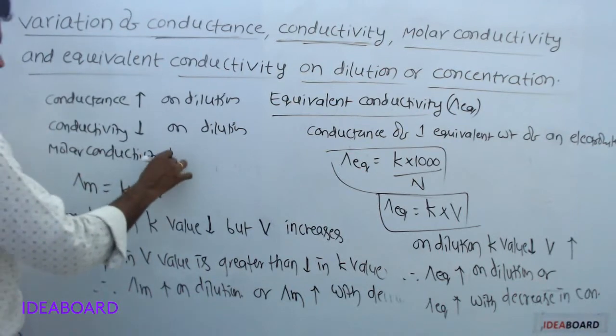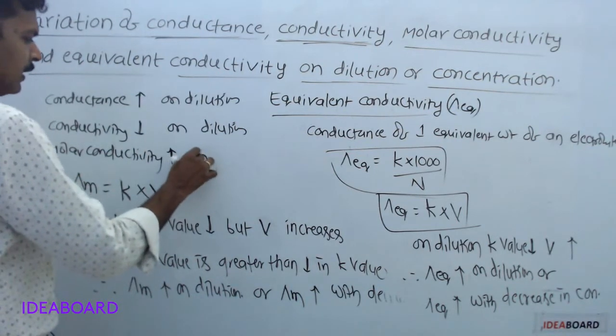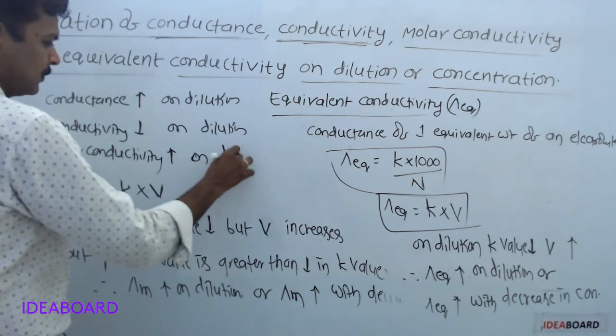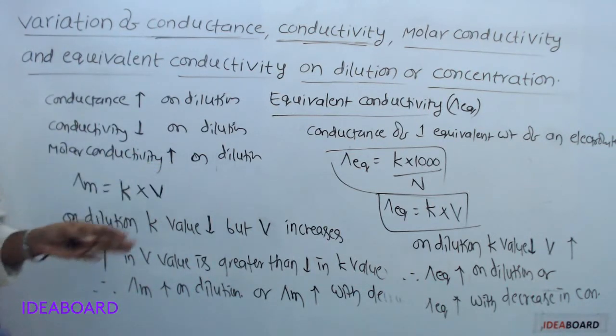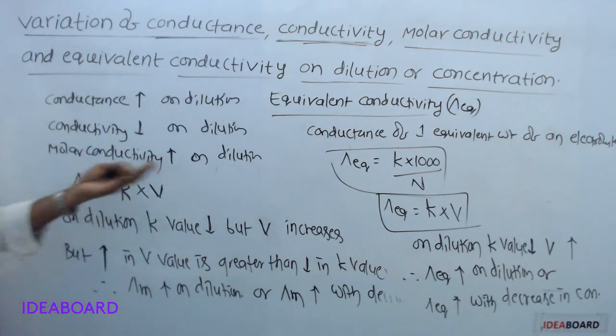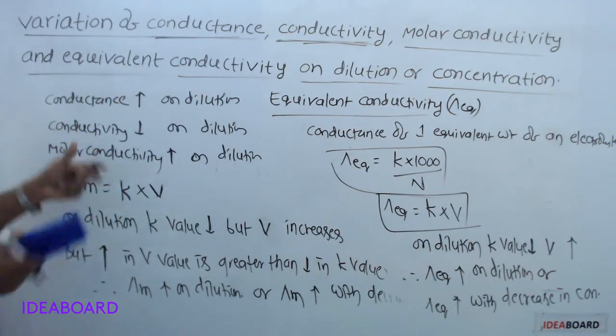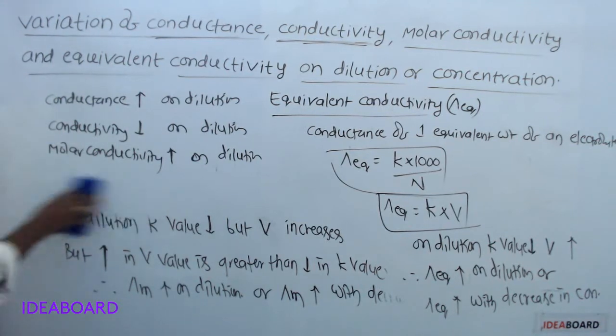Next, molar conductivity. Molar conductivity increases on dilution, because the formula is kappa into V. Kappa value decreases but V value increases, and the increase in V value is greater than the decrease in kappa value. Therefore molar conductivity increases.